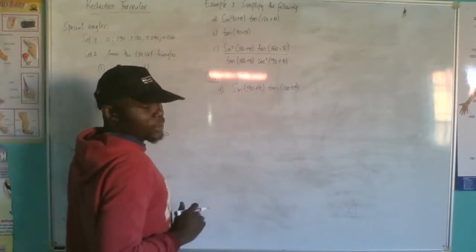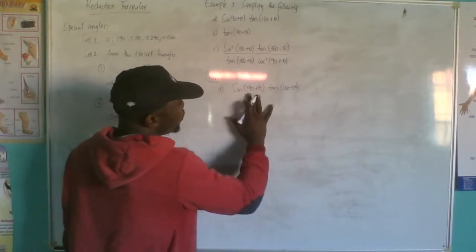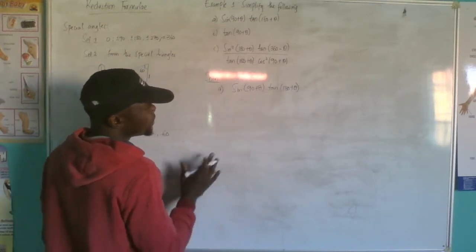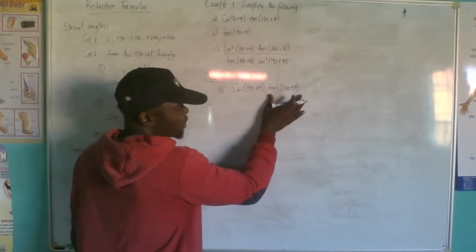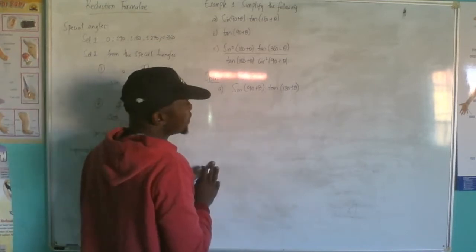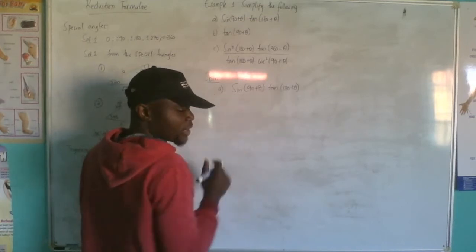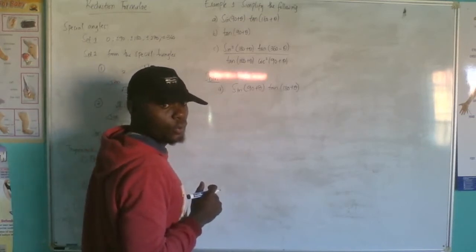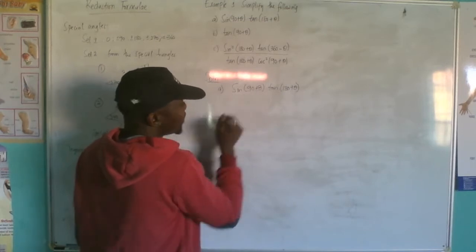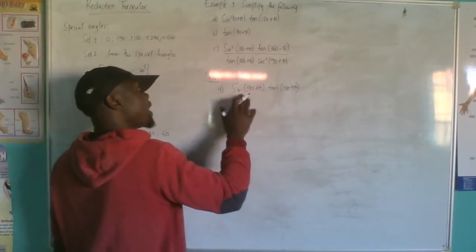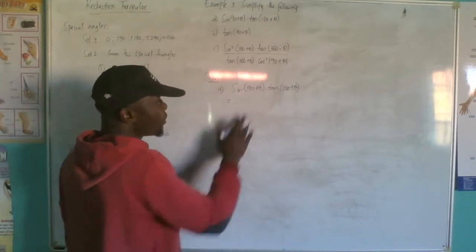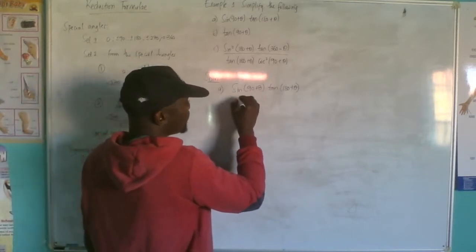Now for me to solve this, I'll look at each trig expression. First expression, sine of 90 plus theta. Second expression, tan of 180 plus theta. I'll deal with each expression on its own, separately. The first expression, sine of 90 plus theta, this angle lies in the second quadrant. In the second quadrant, I know sine is positive.